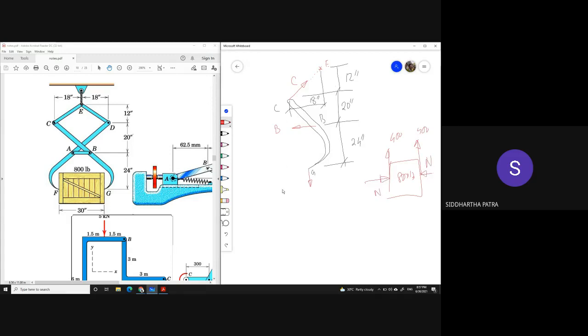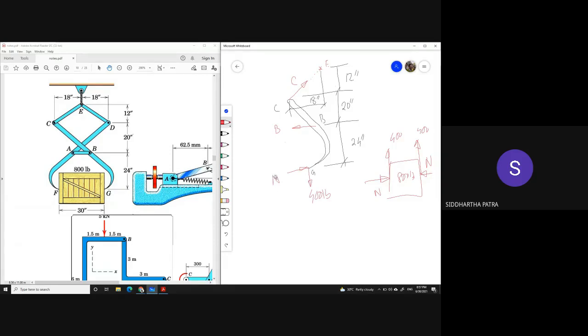But then there should be some normal force also. And that makes up for the three unknowns in this problem: N, B, and C. And all you have to do is solve for this.